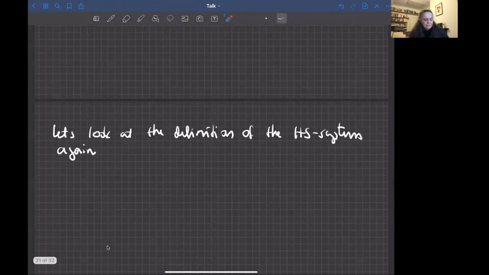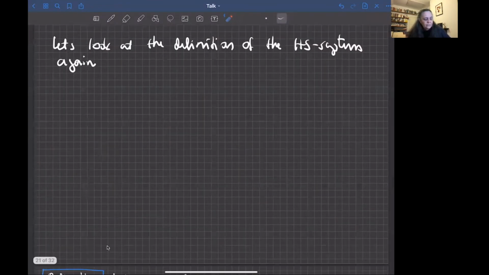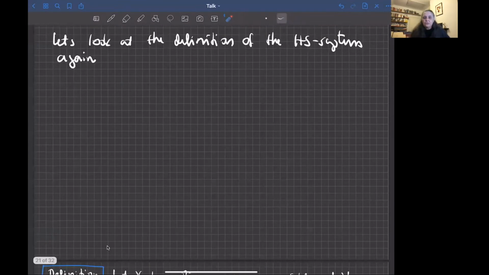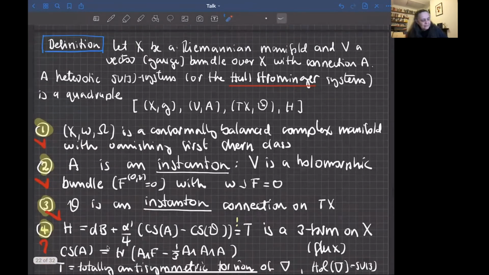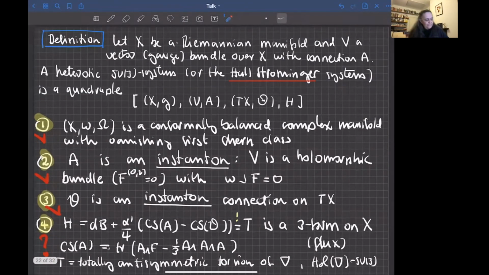The whole Strominger system, right? So let's look again at the definition of the whole Strominger system, so I don't have to flip back in the slides. We have discussed the fact that the manifold has this heterotic structure, meaning all this: a complex conformally balanced manifold with vanishing first Chern class.